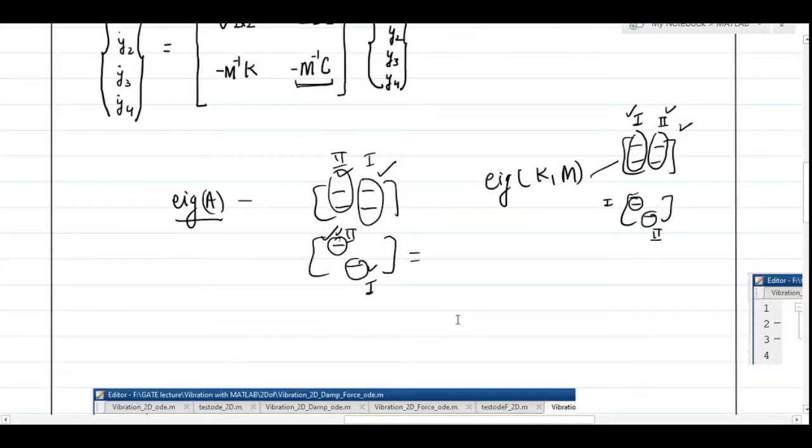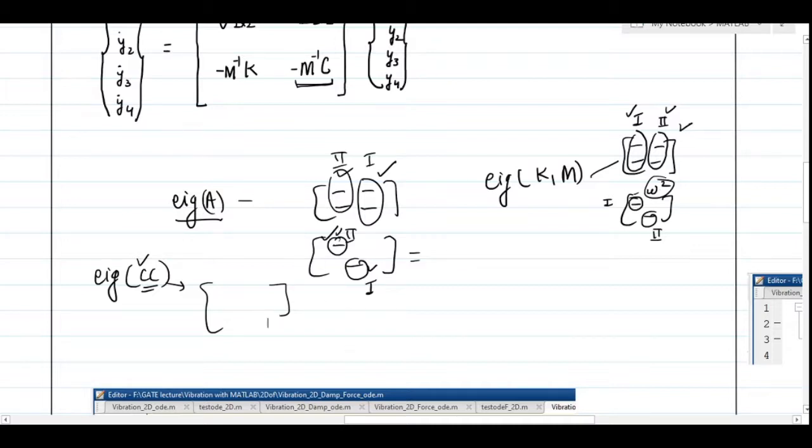when we were solving the problem for the undamped system, the output was the square of the natural frequency. But when you are solving a problem of a damped system, where you have derived the coefficient matrix for the damped system, as we have considered in our MATLAB code, it will give you the frequency, but the frequency will not be the square, it will be just the frequency.